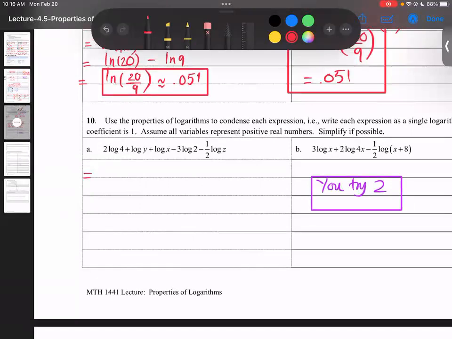This is log base 10. So log of 4 squared plus log y plus log x minus log 2 cubed minus log to the 1/2. Can I rewrite it as log of the square root of z?